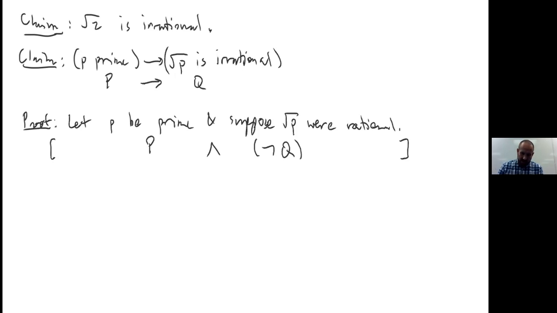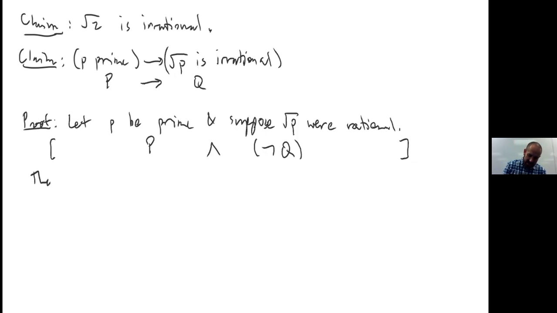Okay. What does that mean? If the square root of P were rational, what does that mean? What does it mean for something to be rational? That means it can be written as a ratio of integers, yes?